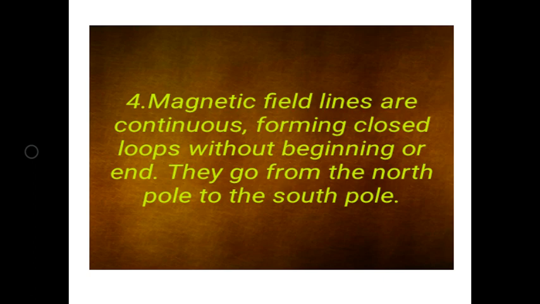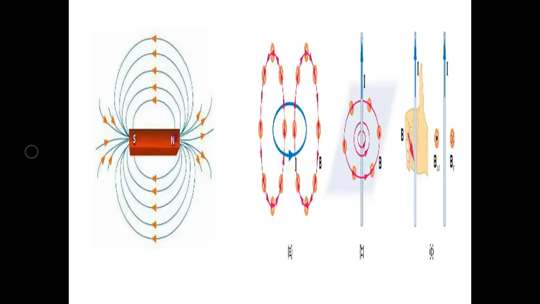The fourth point is that magnetic field lines are continuous, forming closed loops without beginning or end. They go from the north pole to the south pole. We have seen the magnetic field lines produced by a bar magnet as well as the magnetic field lines produced by a current carrying conductor. In both cases, it is observed that the magnetic field lines are closed loops.